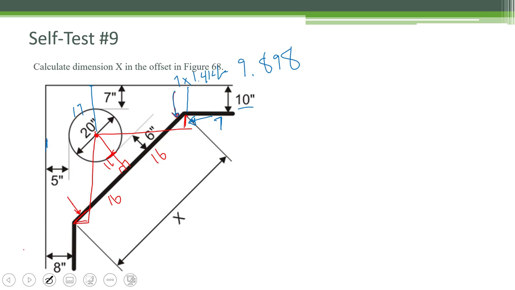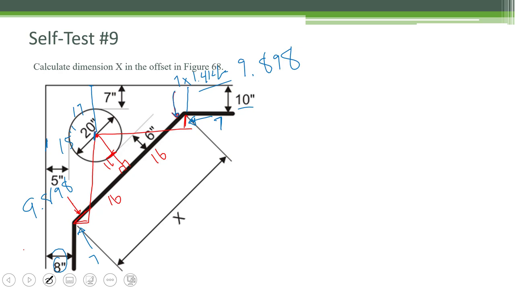So from here to here is 15. This is 8. That means that has to be 7 inches. Hey, look at that. 7 times 1.414. We've done the math already. We know that that's 9.898. Okay, that won't always happen that they're the same, but hey, that's nice that it is.